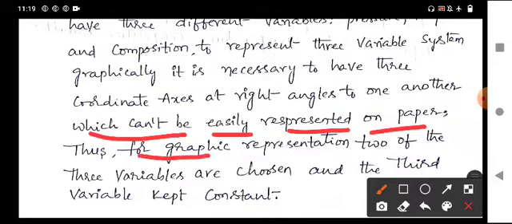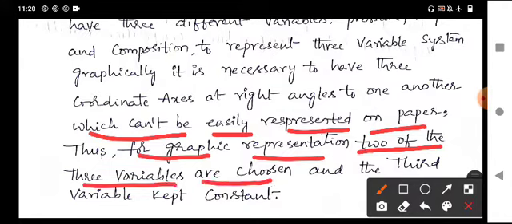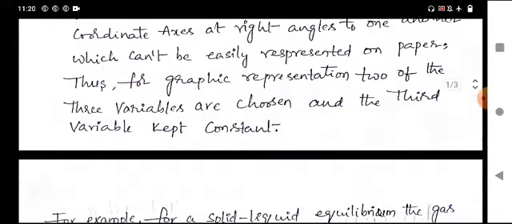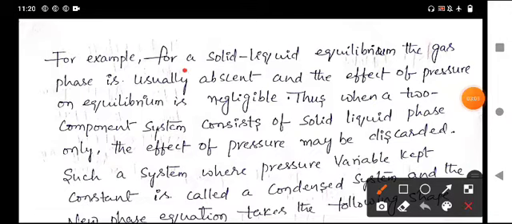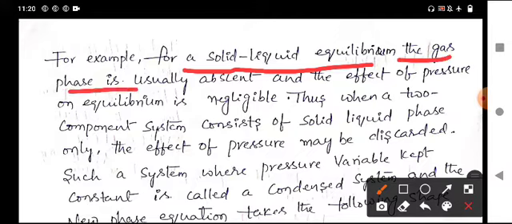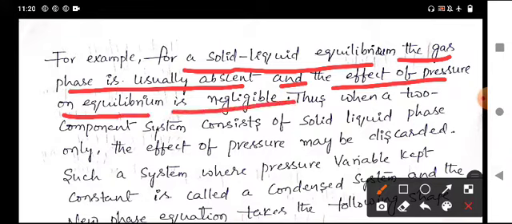Thus, for graphic representation, 2 of the 3 variables are chosen and the third must be kept constant. For example, if we consider solid liquid equilibria, for this solid liquid system, the gas phase is usually absent and the effect of pressure on this equilibrium is also negligible.